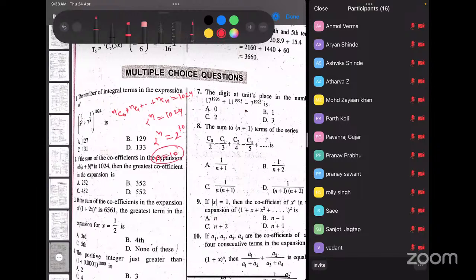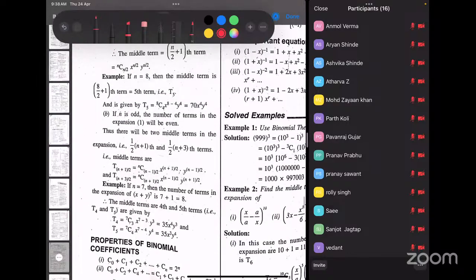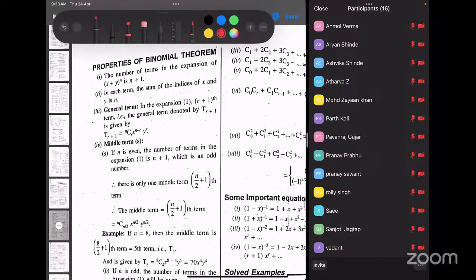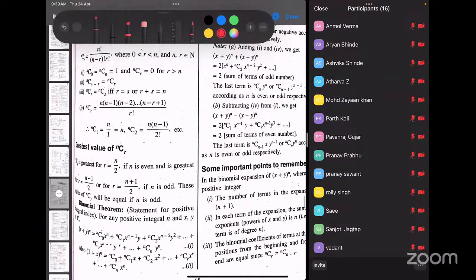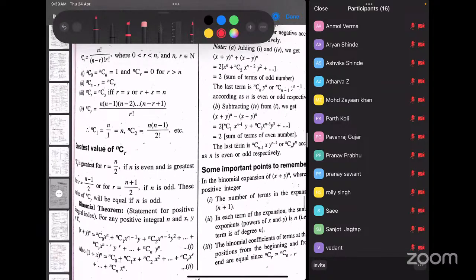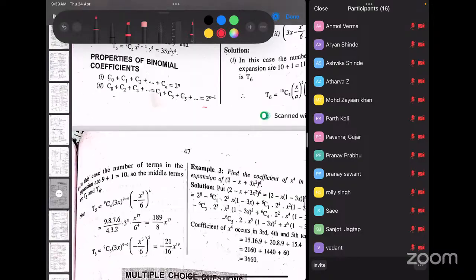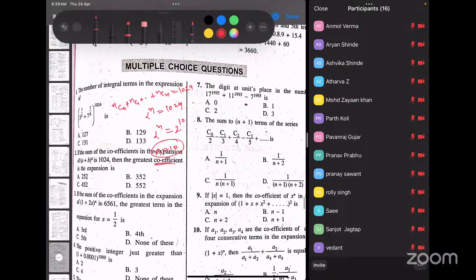Now if n is 10, what will be the greatest coefficient? For the greatest coefficient we have n by 2, if n is even. So this will be 10 by 2, which means 5.